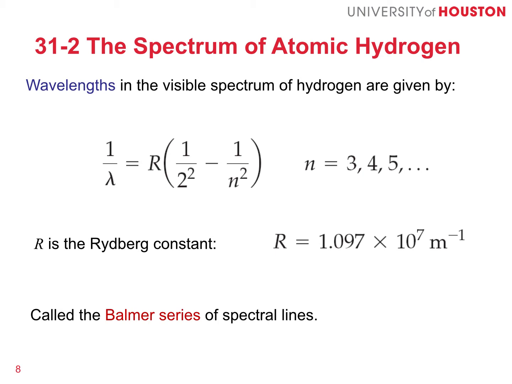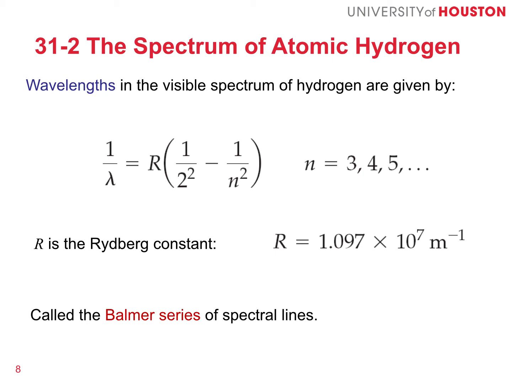It was found that the wavelengths in the visible spectrum that are seen in these lines can be described by a relatively simple formula where 1 over the wavelength equals a constant called the Rydberg constant times 1 over 2 squared minus 1 over n squared, where n corresponds to a particular line.